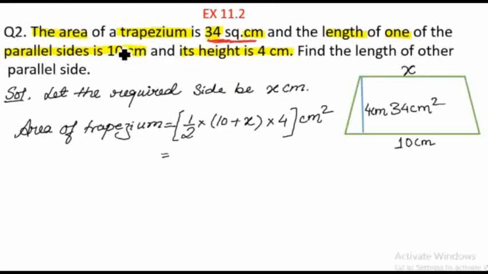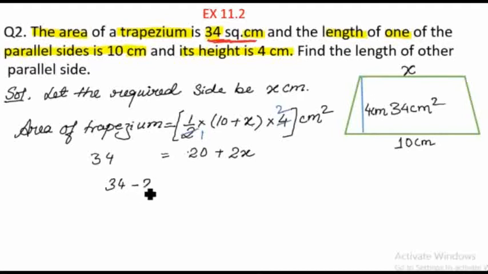So 34 is equal to, we can cancel 2 once, 2 twice, so we can write 2 into 10, 20, plus 2 into x, 2x.